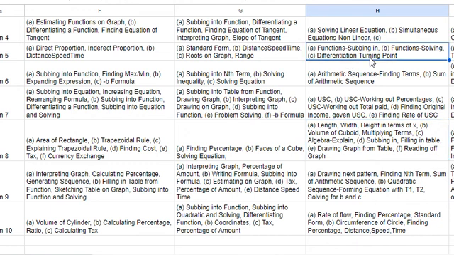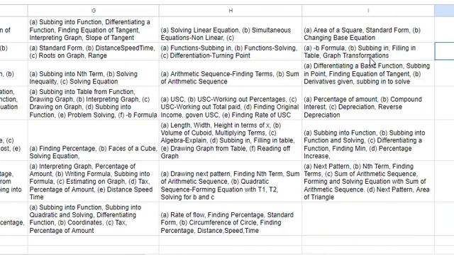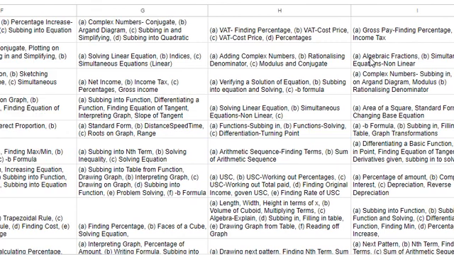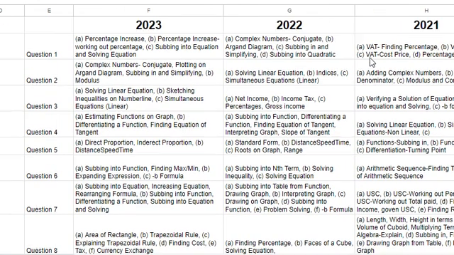Turning point came up there, so differentiation in question 5 in 2021. And differentiating a function, basic function, subbing in a point, find an equation of tangent again in question 6 in 2020. So you'll see that all of those topics I've gone through are generally coming up pretty much every year.